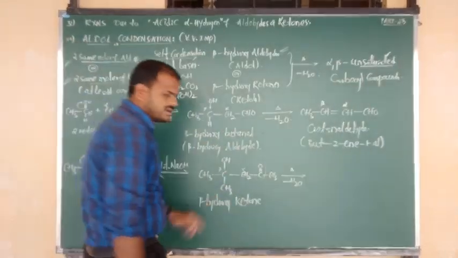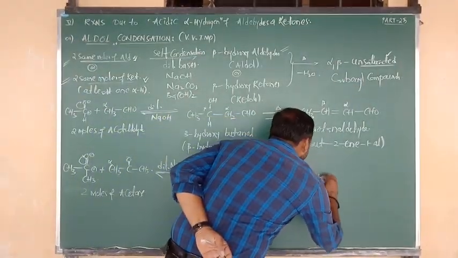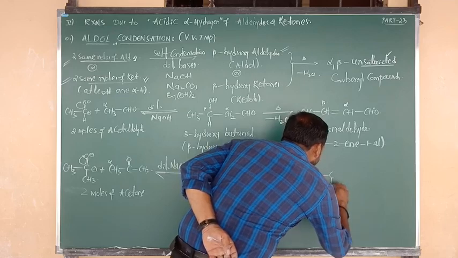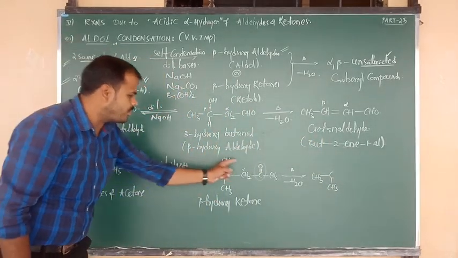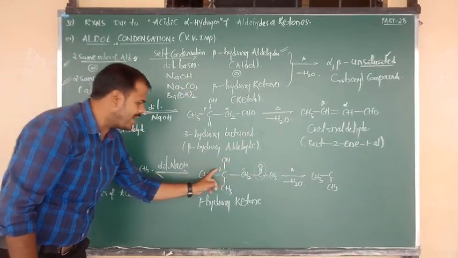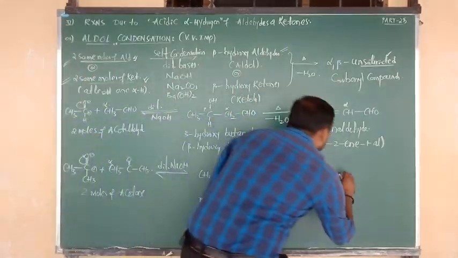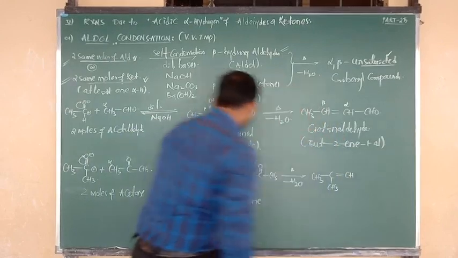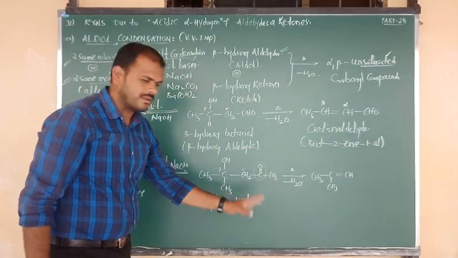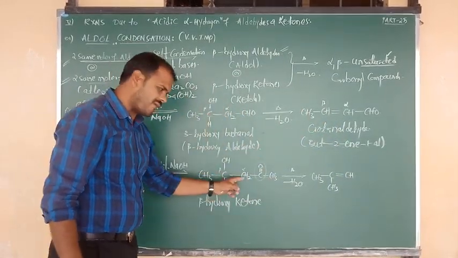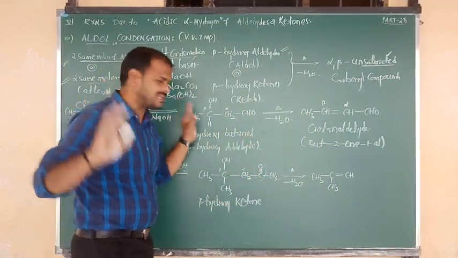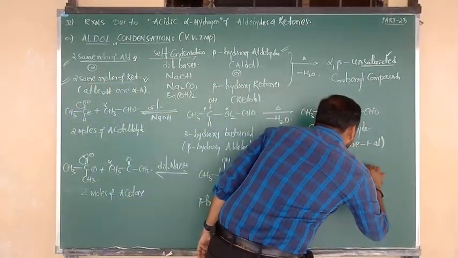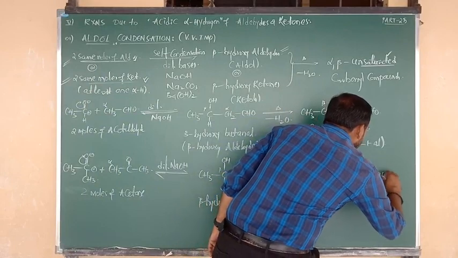So CH3 bond C. Below the plane CH3 is already there, I have written that as it is. After removal of the water molecule, between alpha and beta the single bond becomes a double bond. And from alpha we have removed one hydrogen, meaning CH2 becomes CH. After that C double bond O, CH3, we write as it is.